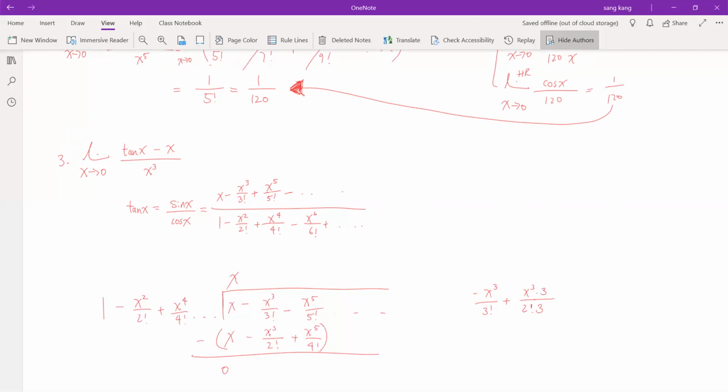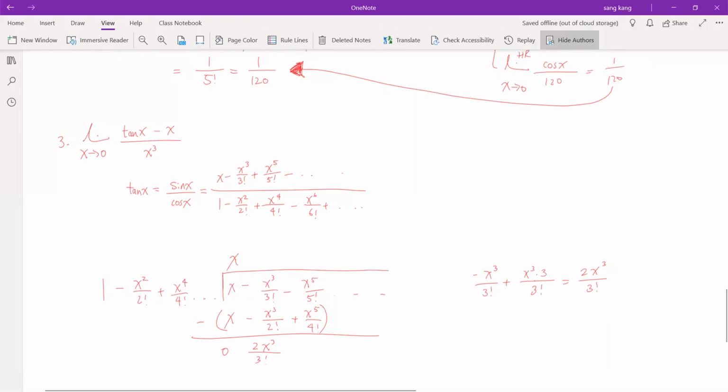So that means I need to do it to the numerator. So I'll just rewrite this denominator as 3 factorial. You can rewrite it as 6 if you feel more comfortable doing that. So 3x cubed minus 1x cubed, this will give me 2x cubed over 3 factorial.